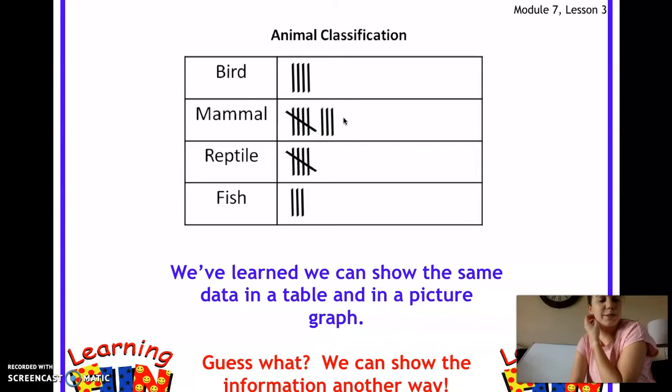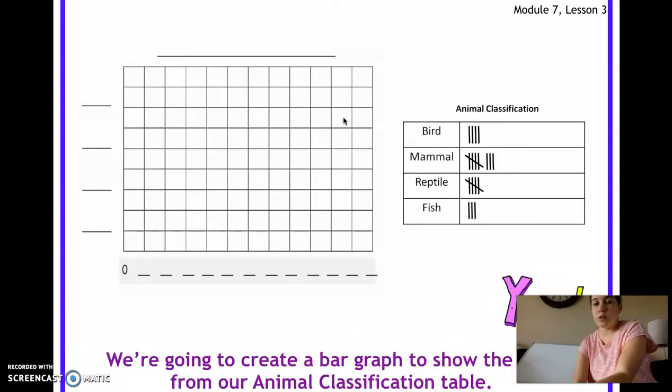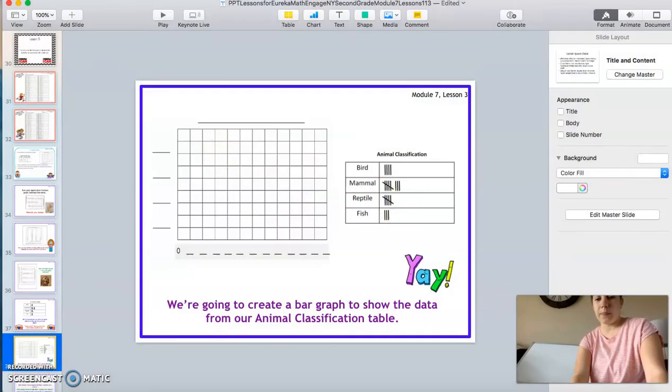Guess what? We can show our information another way too. So today, we're going to use a bar graph to show the data from our animal classification table. So we're going to show bird, mammal, reptile, and fish in our bar graph and my whiteboard behind me.